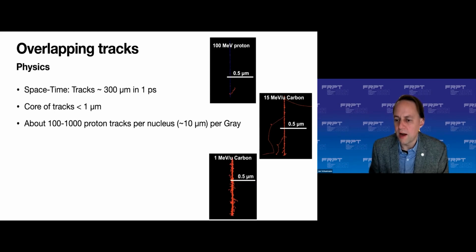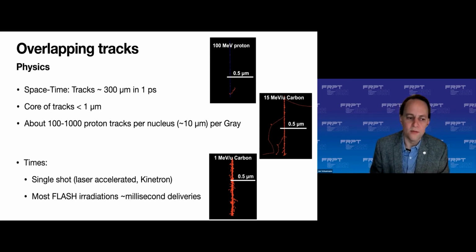Then if you go to higher and higher LET, you will reduce these longer ranging electrons and get to more of a track core, but the track core will be getting bigger. So these effects kind of come into play if you want to look at physics. But if you want to really look at physics interactions, you would really need a single shot delivering all the protons at a single time because of the short time scales that we're looking at.